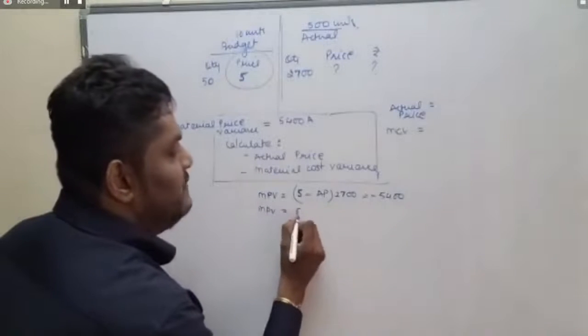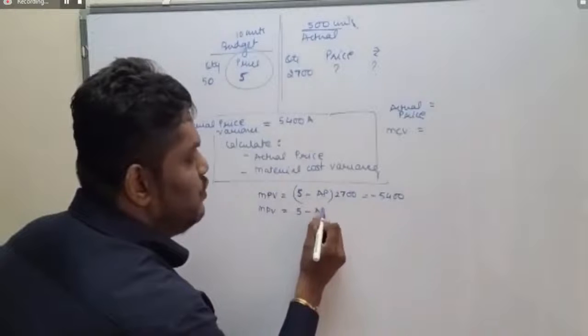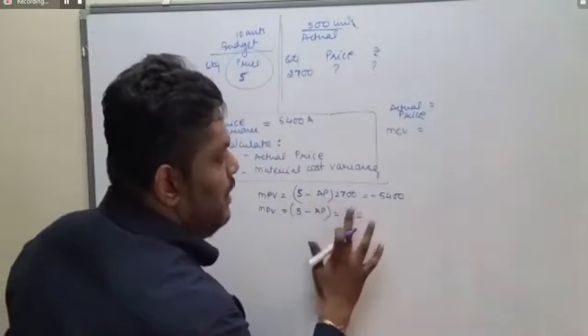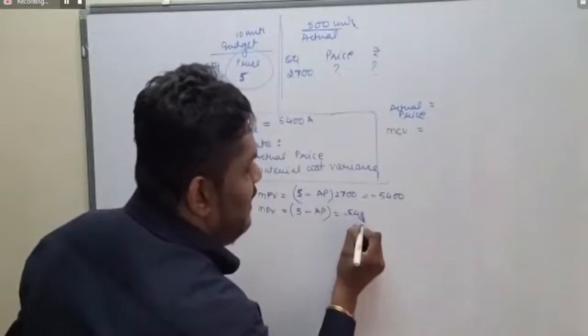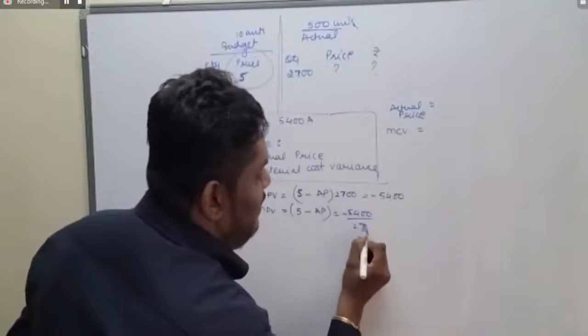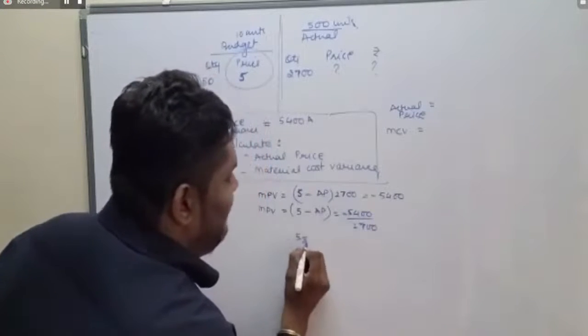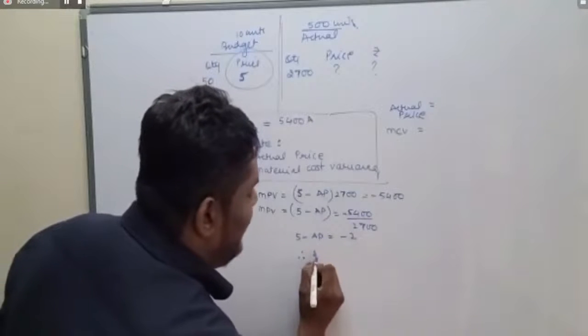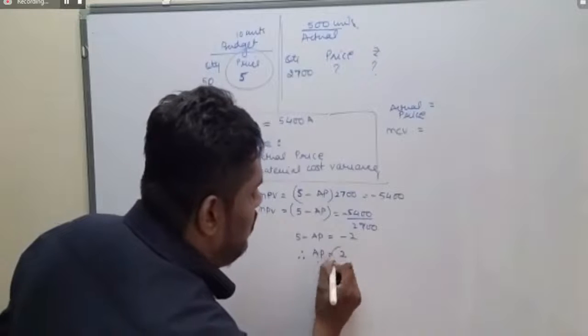So material price variance will be 5 minus actual price, which goes like 5400 divided by 2700. So 5 minus actual price is equal to minus 2. Therefore, the actual price will be 7.